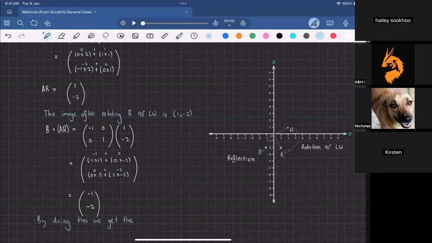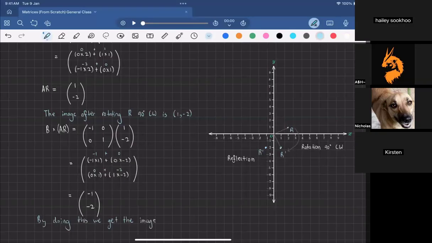Yep. So you understand what I did here? I just did it in parts. So I find 90 degrees clockwise and then I take that and I reflect it. Right? You understand? Yeah, I understand better now.